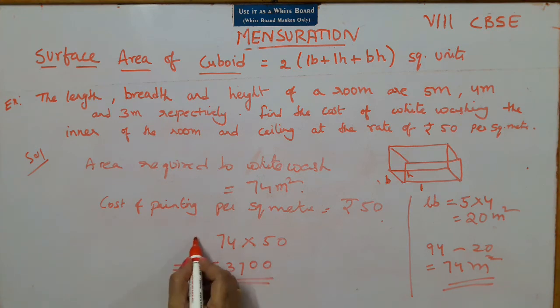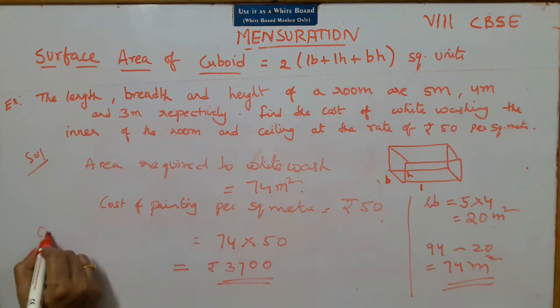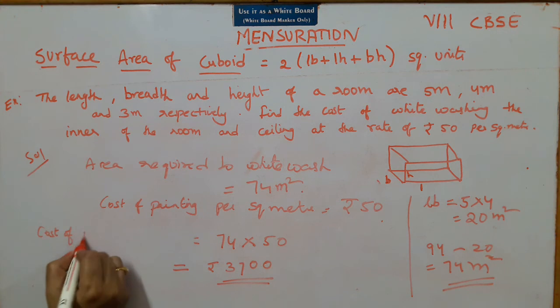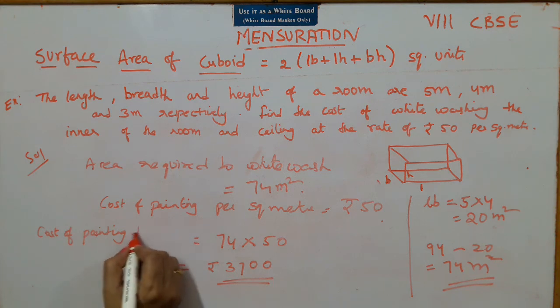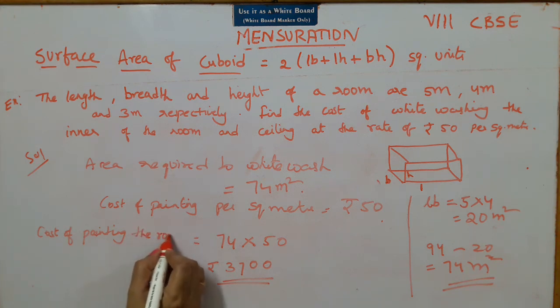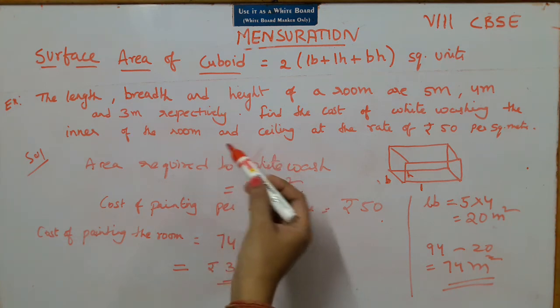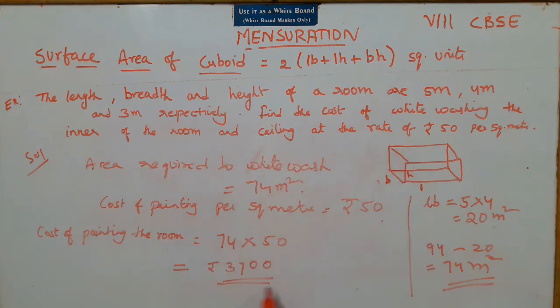It's the cost of painting the room. Cost of painting the room, that is room and the ceiling, is rupees 3700.